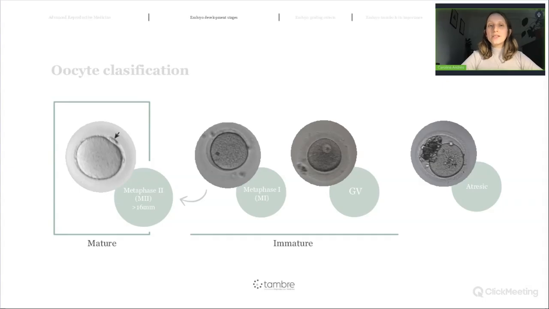That means they can turn into oocytes we can work with. Unfortunately, germinal vesicles are not susceptible to maturation. Additionally, we can find oocytes called atresia, which cannot be microinjected because they are not normal in formation.